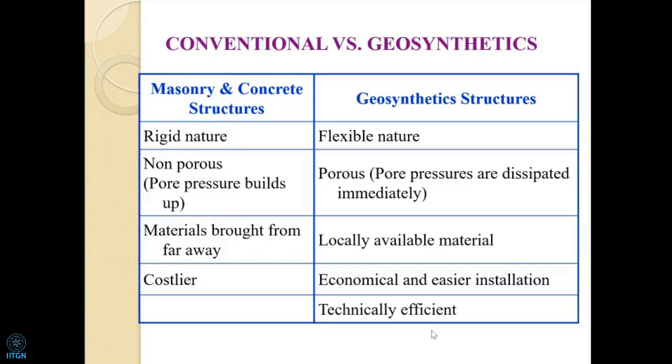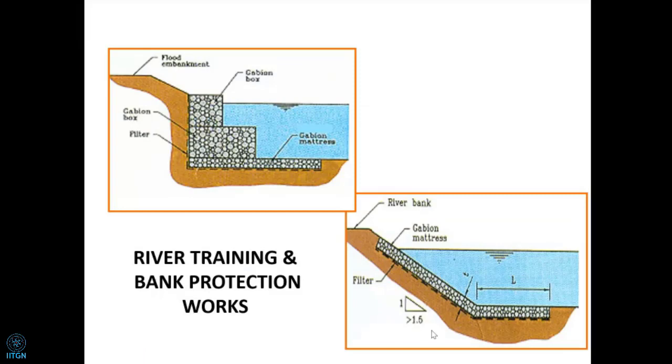The cost is going to be cheaper in terms of transportation, the material cost, and also the installation cost. But you have to work it out on a case to case basis. That's always you remember.